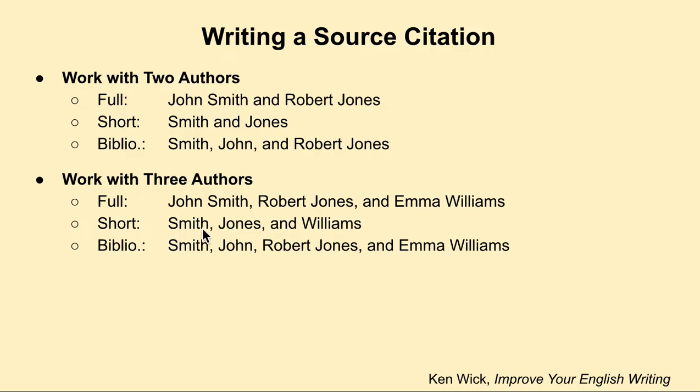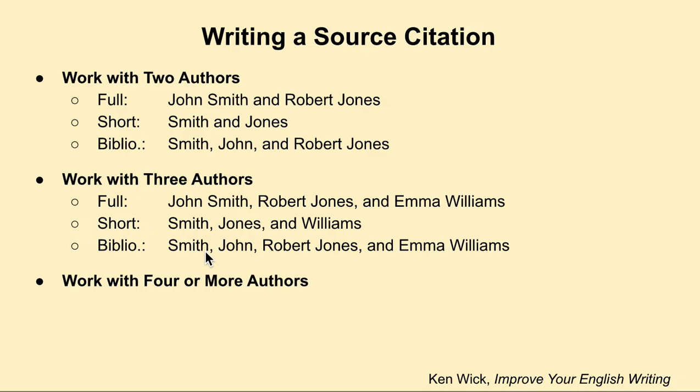Remember, the short citation is just the last names. And in the bibliography, once again, you start with the author's last name, Smith, Jones. Then, Smith, John, Robert Jones, and Emma Williams. So this is how you list three authors.